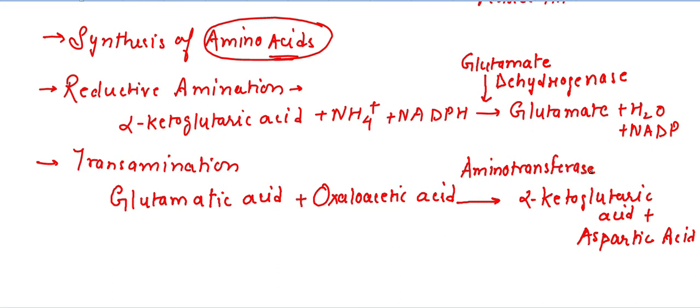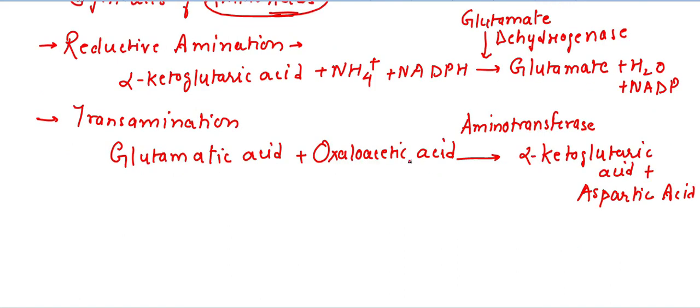So this is what transamination is. Transamination involves the transfer of an amino group from one amino acid to the keto group of a keto acid. And glutamic acid is the main amino acid from which the transfer of NH2 takes place. Enzymes are equally important, so be cautious about that.